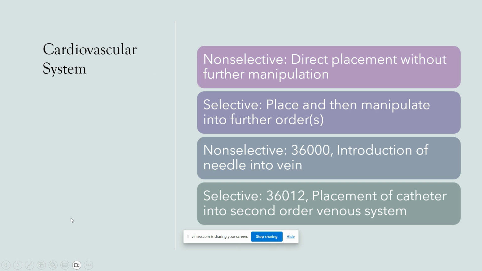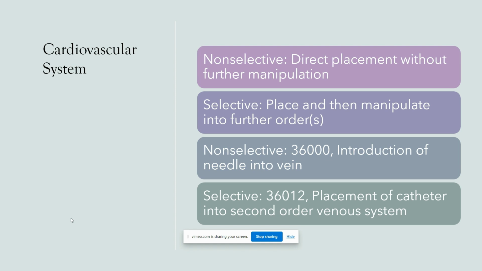Some things to look for are non-selective and selective placement. When you're placing a catheter or a needle, you want to know if it's non-selective or selective. Non-selective means it's a direct placement without further manipulation, and selective means you place it and then manipulate it into further orders. An example of non-selective: 36000 is introduction of needle into vein.